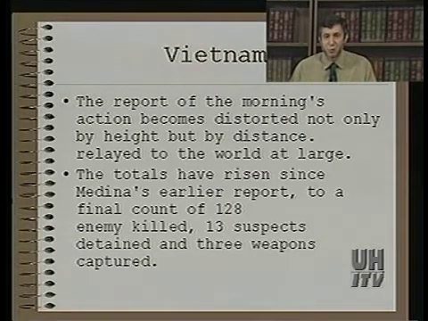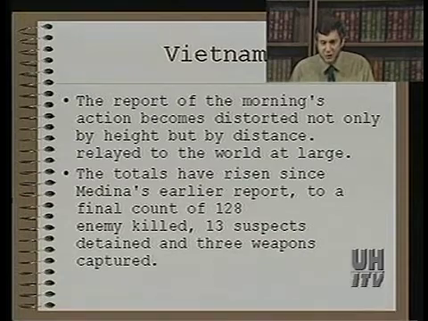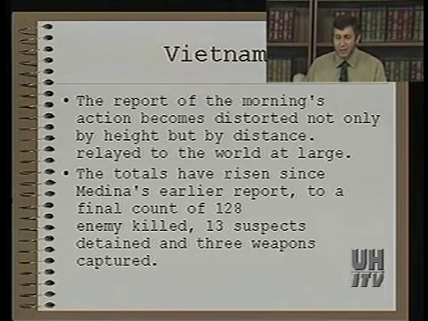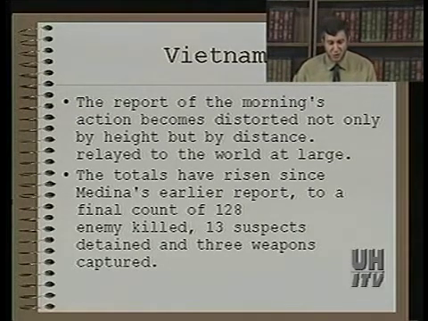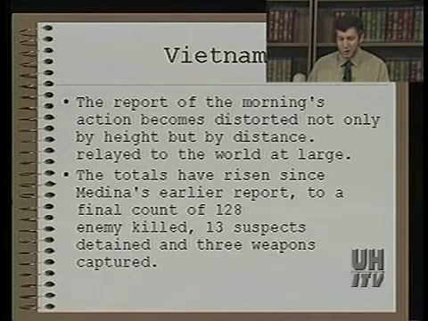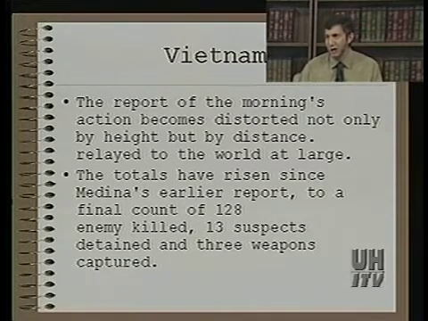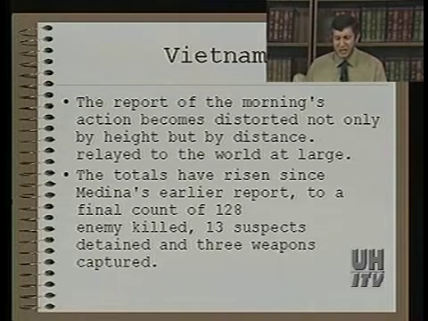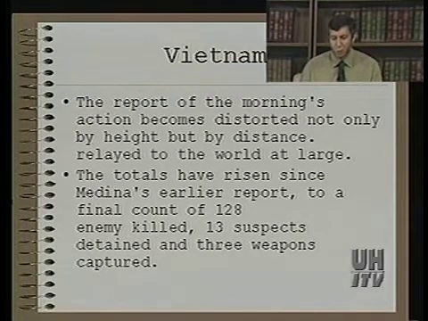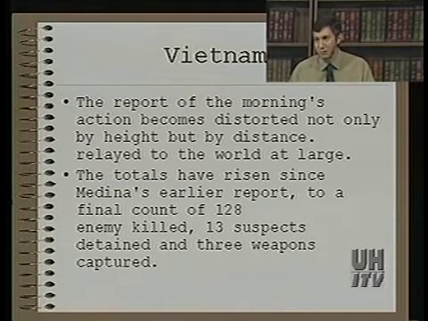Now, the report of that morning's action quickly becomes distorted, not only because of height, but because of distance. The totals have now risen. A final count of 128 enemy killed, 13 suspects detained, 3 weapons captured.